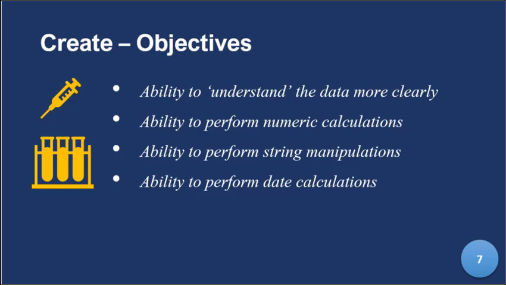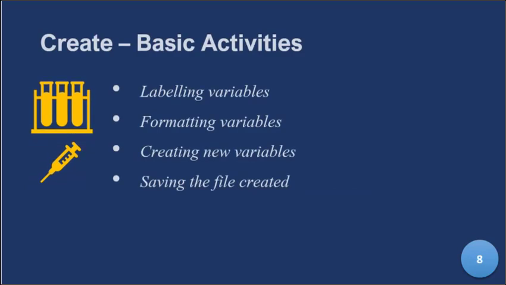In order to achieve these objectives, these are the basic activities that we will do in this module. First, we will label the variables. There are variables in our data set. Sometimes when they come from the server or from whatever data sources, we mentioned data sources, routine data, or from an Excel spreadsheet, the variables are not understood.